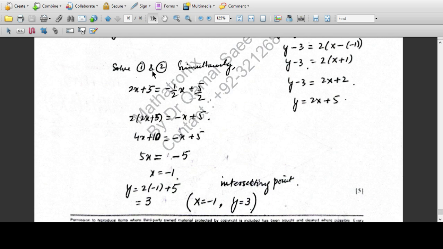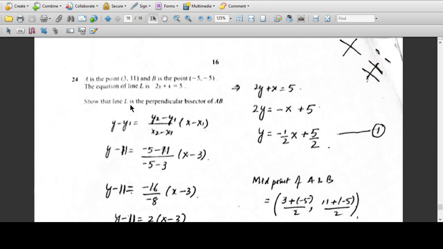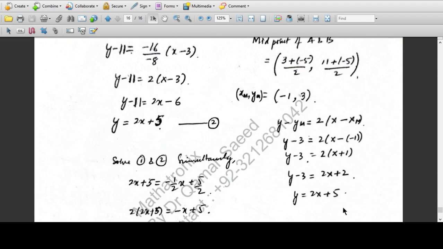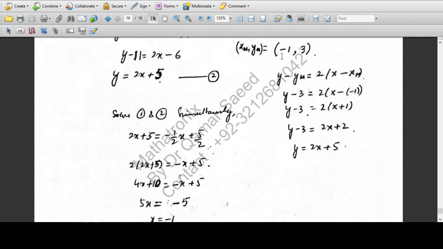When we solve equations 1 and 2 simultaneously, the coordinates are again obtained as -1 and 3. So this proves that this line and this line are perpendicular to each other, and both lines are bisecting each other at this intersecting point, -1 and 3.